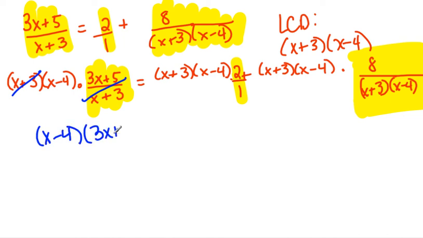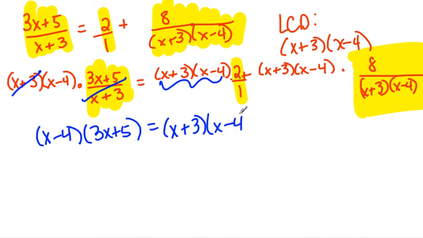I have to put the 3x plus 5 in parentheses. What gets marked out right here? Nothing. Times 2. Plus, what gets marked out right here? Both of them. So it's plus 8.